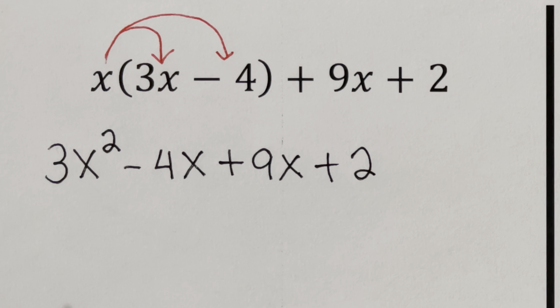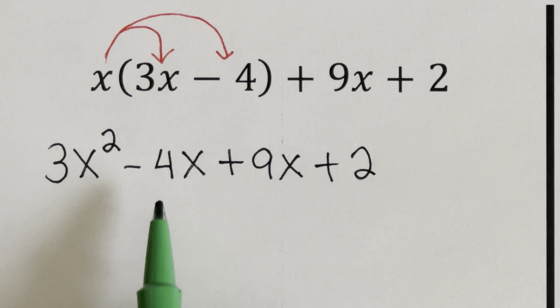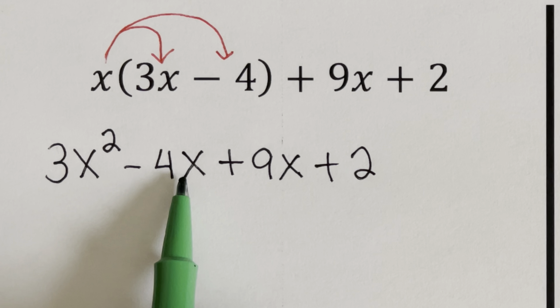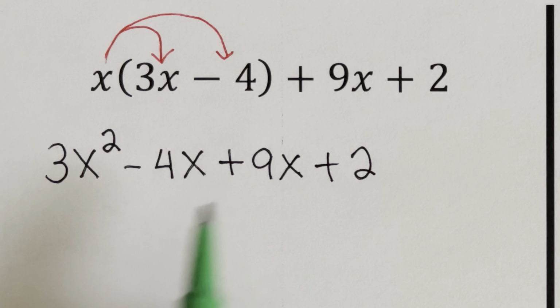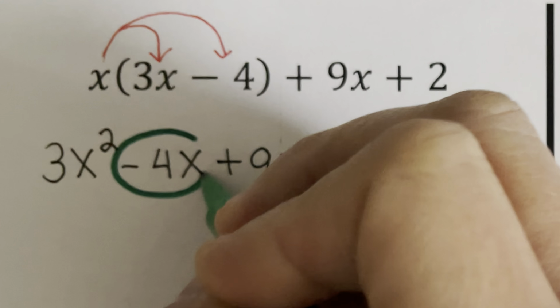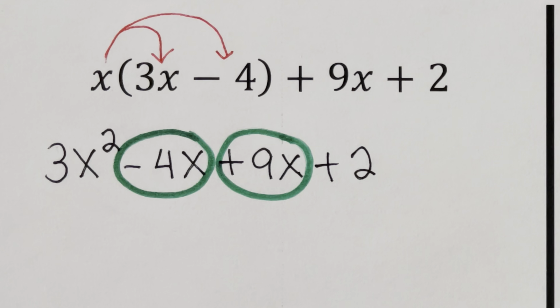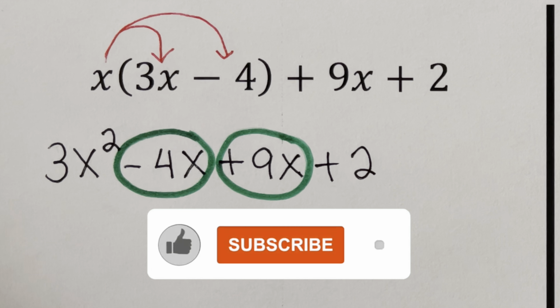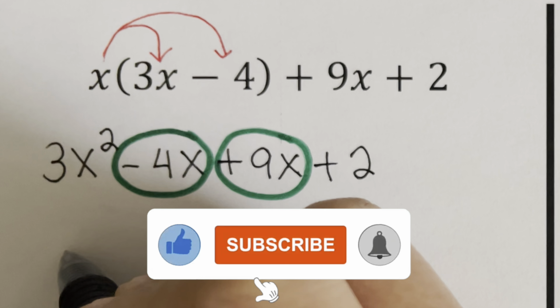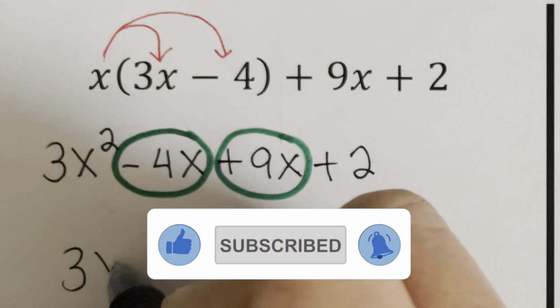So we can just keep the 3x squared. Then we can move on to the negative 4x. The one with the x is this one as well, so we can combine these two together. The 3x squared doesn't have anything that we can combine with, so we write 3x squared.